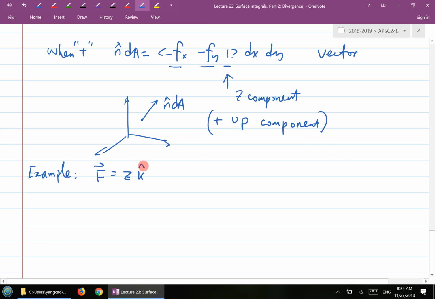F equal to z k hat. This is the vector field. Surface S is z equal to x squared plus y squared, and z is between 0 and 1.